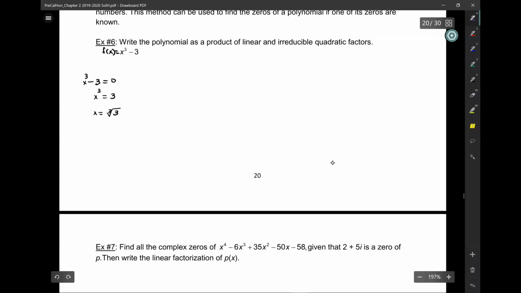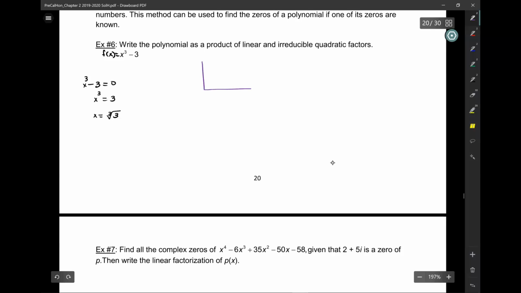So what I'm going to do is synthetic division with this, but with cube root of 3. So here I want to put cube root of 3. All right? And then here I have 1, that's x cubed, 0 for x squared, 0 for x, and then negative 3. We're venturing into brand new stuff here. 1 comes down. I multiply and I get cube root of 3.